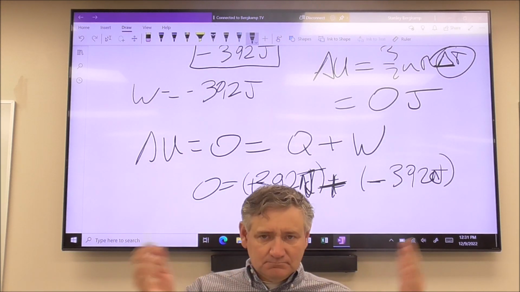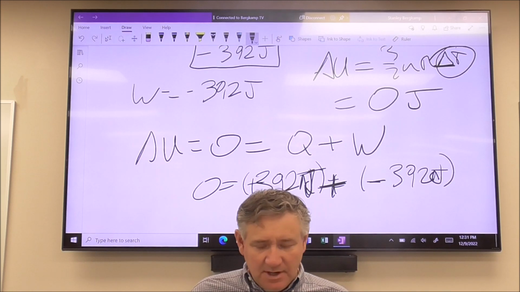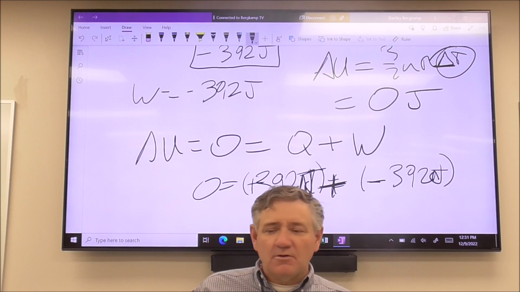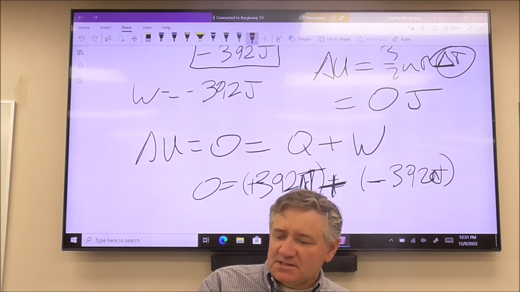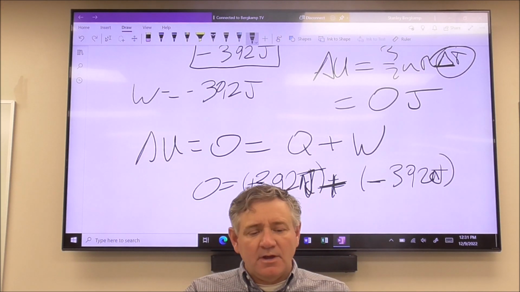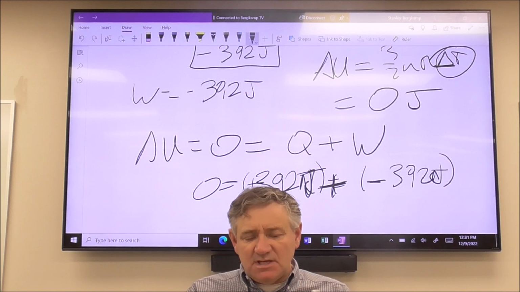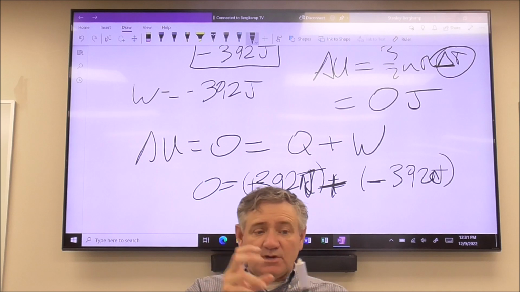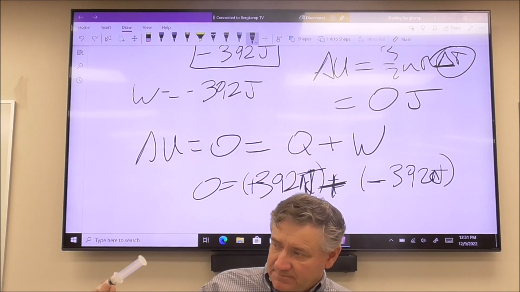Volume has to be able to change. It's the first thing that has to happen. So the volume is going to get bigger, and you would see the stopper on that syringe move, increasing the volume of the system.